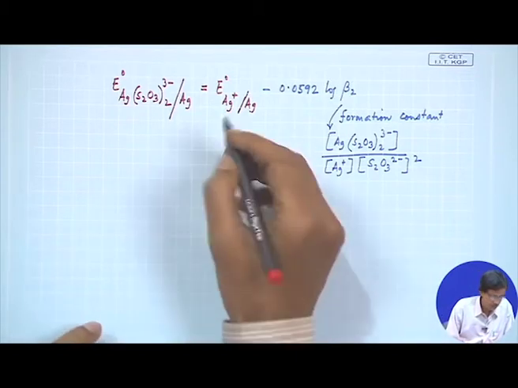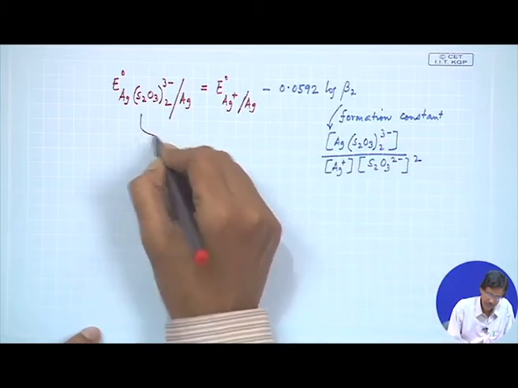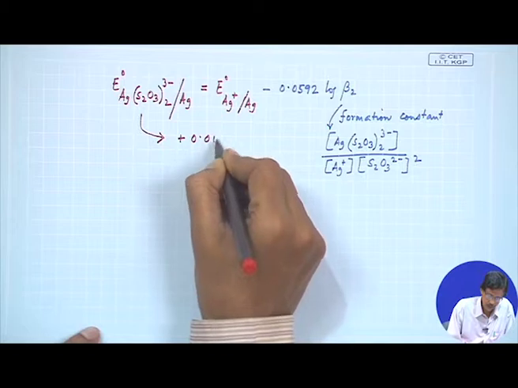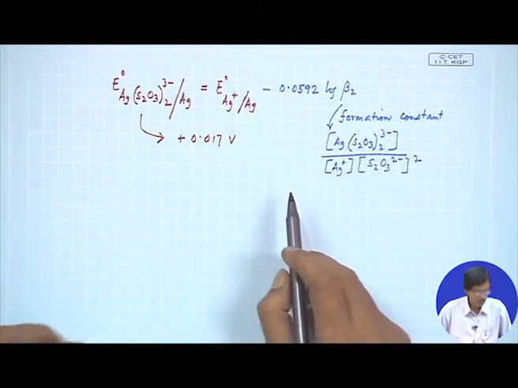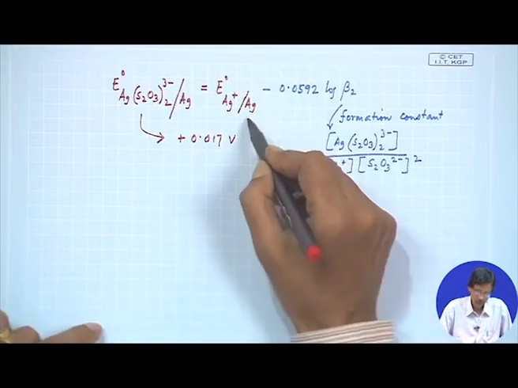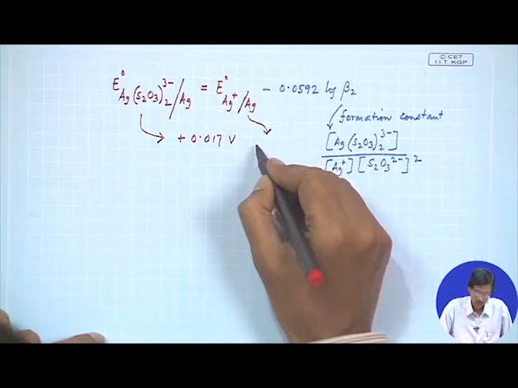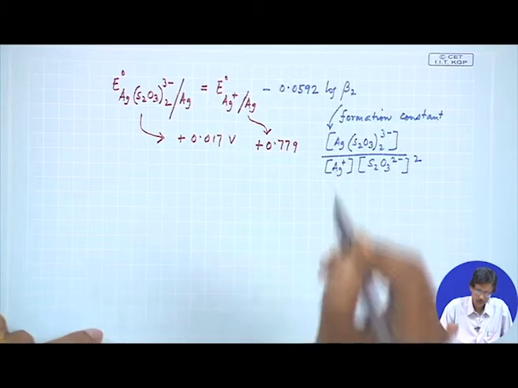So, what we get, putting these values, will then be equal to plus 0.017 volt. That gives us very useful information when you compare this with the E0 of the silver ion and silver potential, which is equal to plus 0.779 volt.